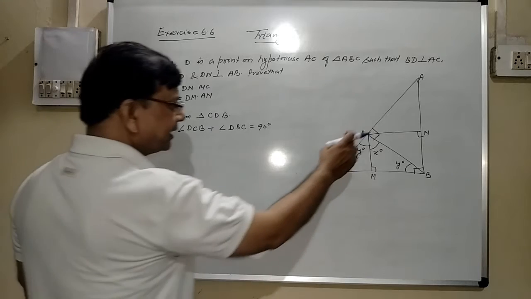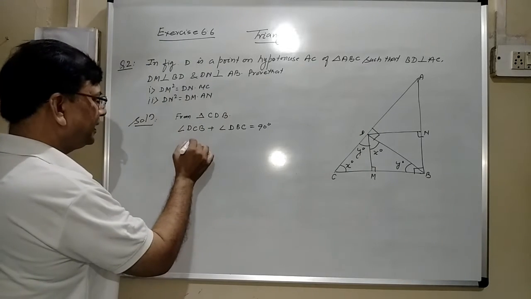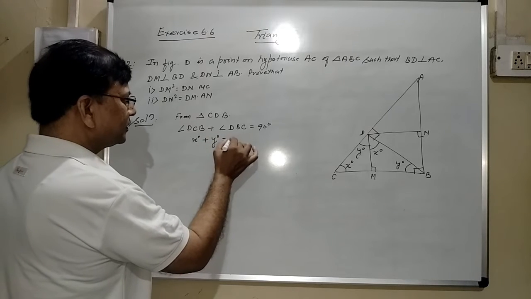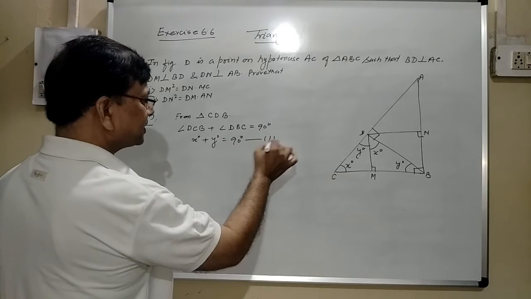What is DCB? DCB is x degrees, that is x degrees plus y degrees is equal to 90 degrees. This is the first equation.